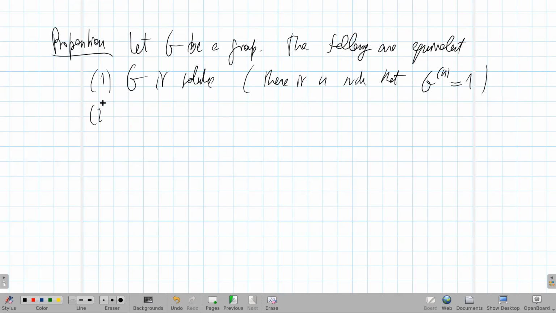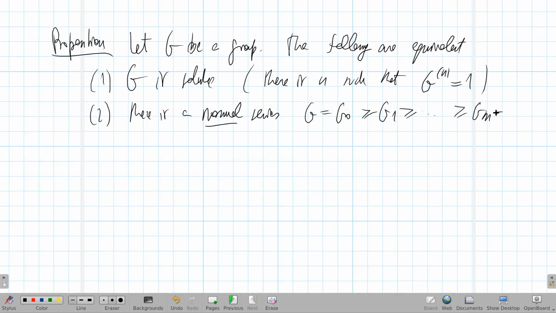Then the next thing says there is a normal series, so a normal series means an omega series for omega the inner automorphisms, which means all subgroups are normal in G. So G equals G naught containing G1 and so on, properly, because a series has to be proper, so that Gn is equal to 1, with all quotients abelian.